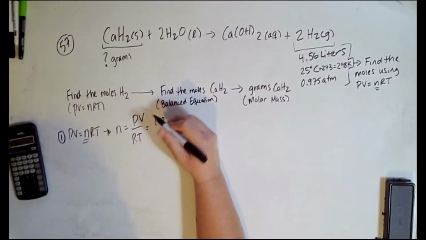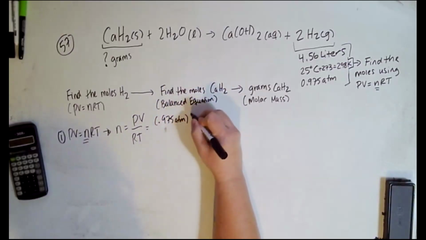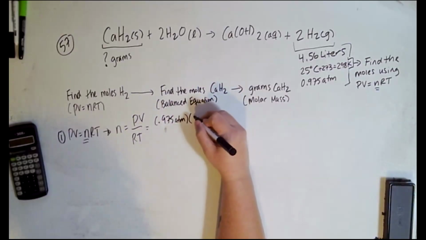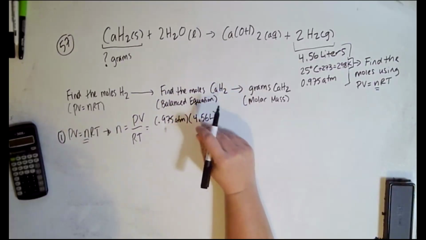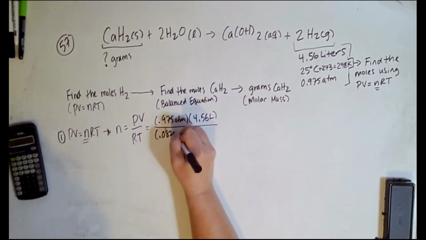So 0.975 atmosphere times 4.56 liters divided by our R value.